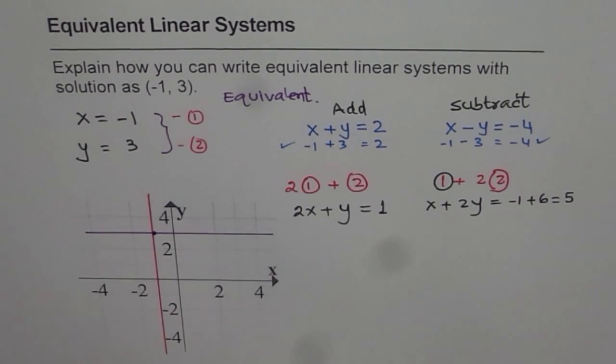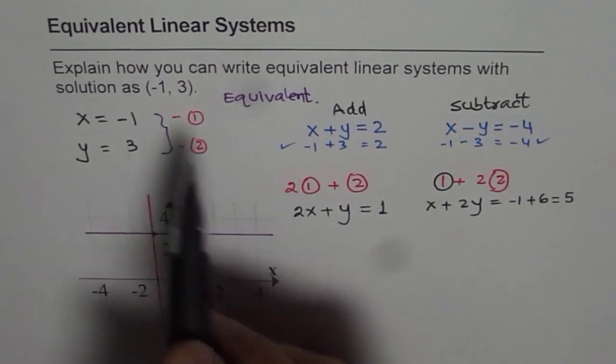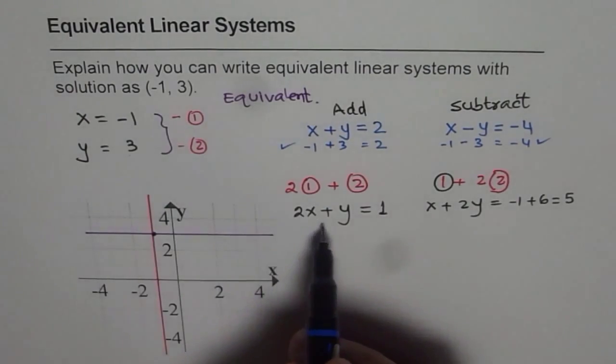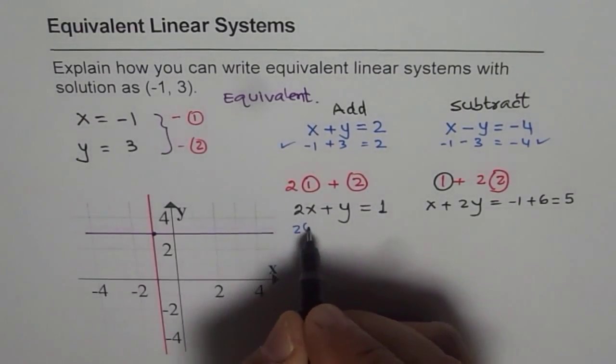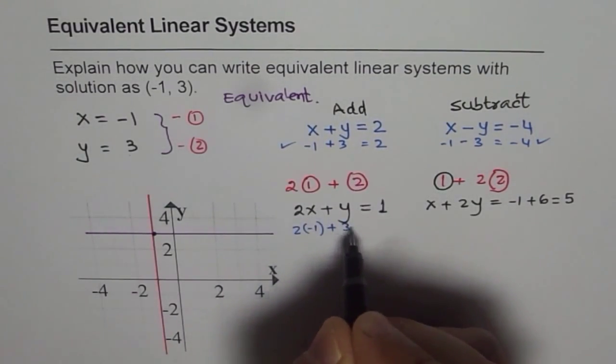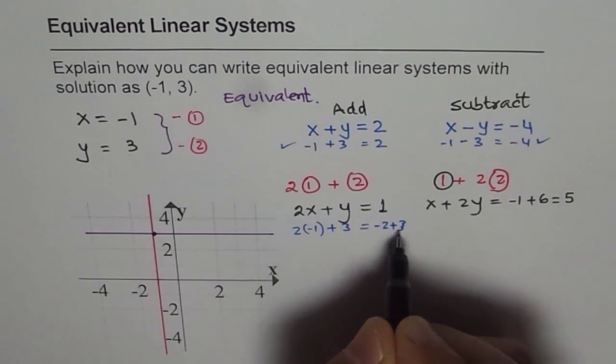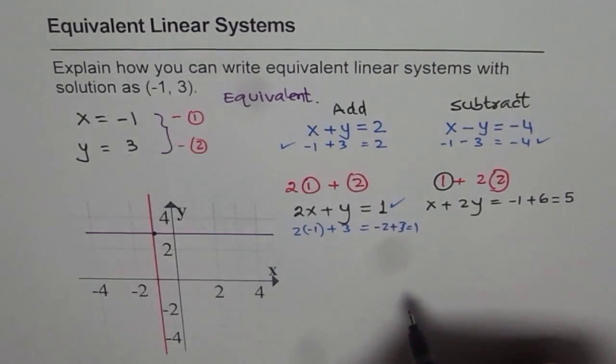Now I have to check whether this satisfies the point -1, 3 or not. So let us substitute -1 and 3. What do we get? 2 times -1 plus 3: 2 times -1 is -2, plus 3 is indeed 1, so that works, correct?